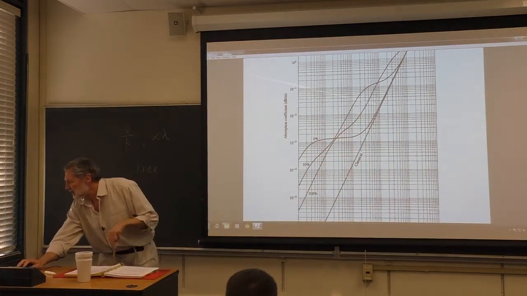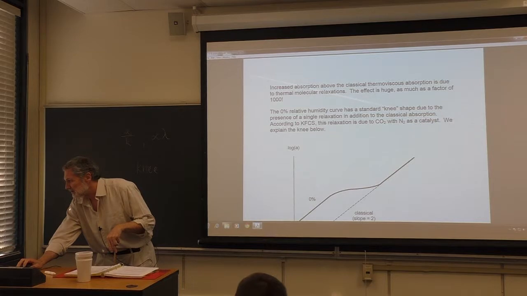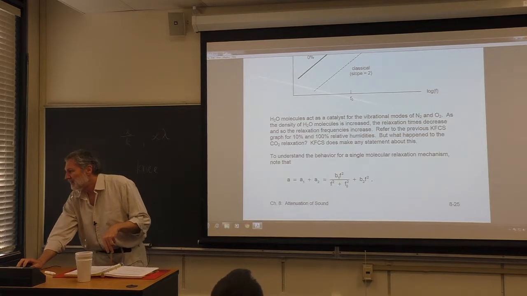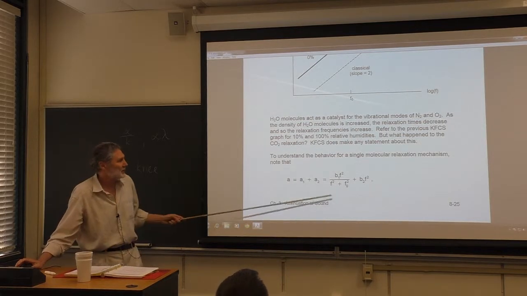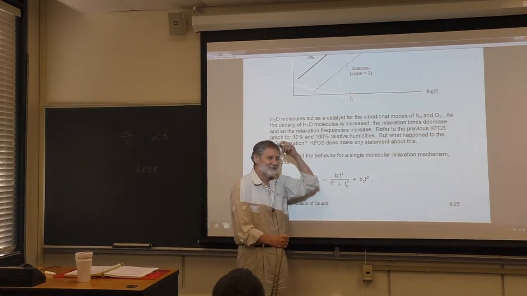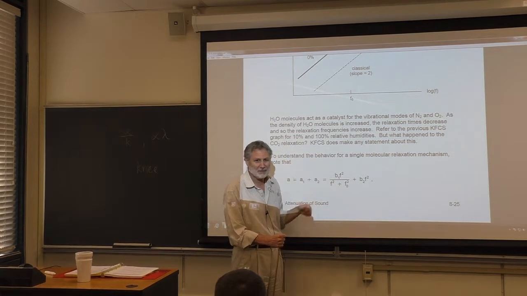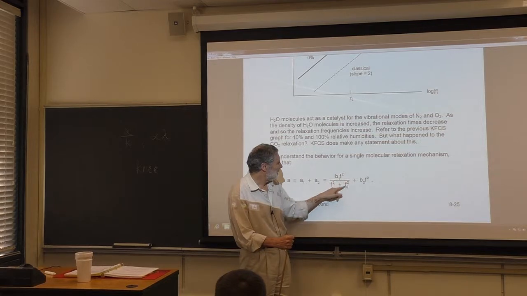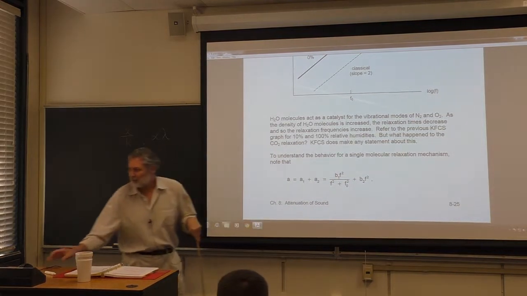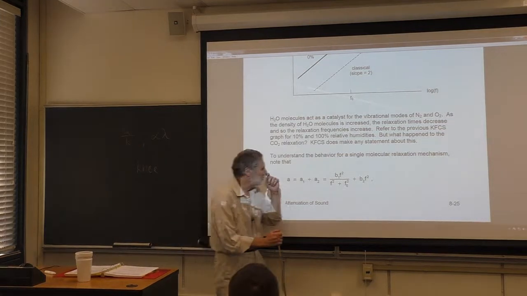Well, to support that, let me point something out to you here. It's really obvious, but it only took me I don't know how many years to see. Here's our basic equation, right? So now I want you to think of this as the CO2 with N2 as a catalyst, or whatever. You'll notice when we went through this analysis at low frequency. Now, why are we interested at low frequency?